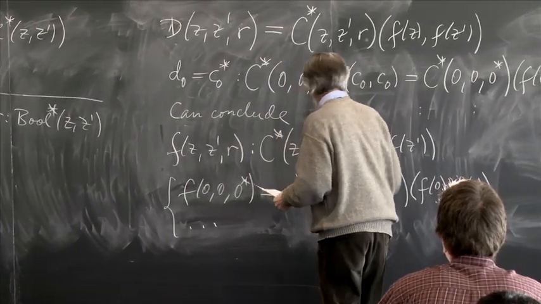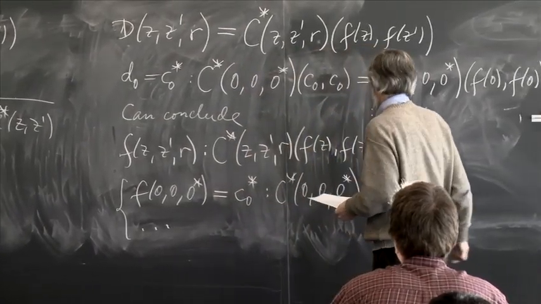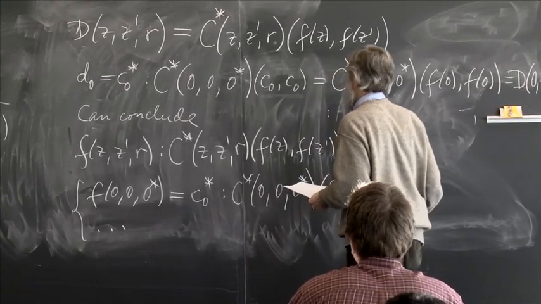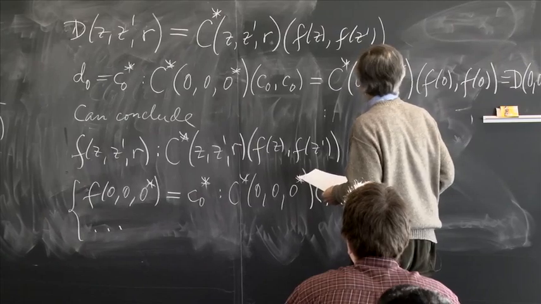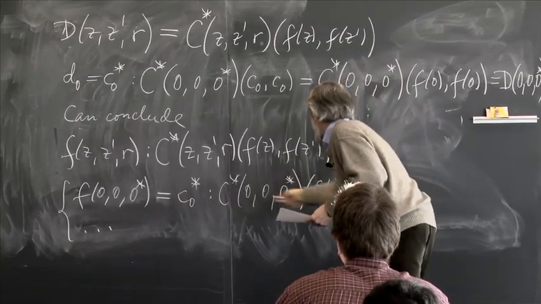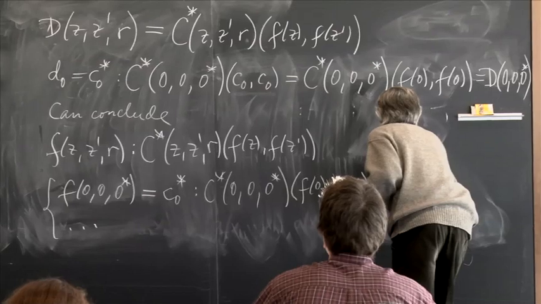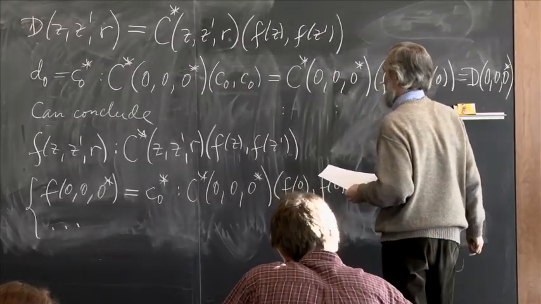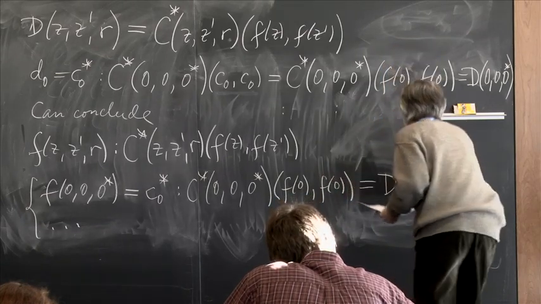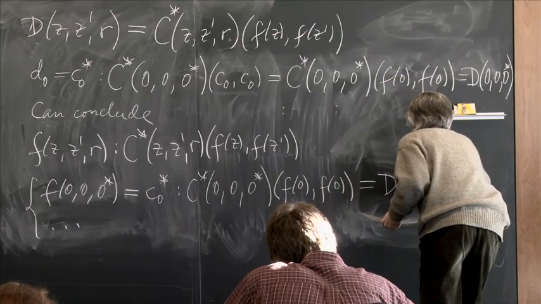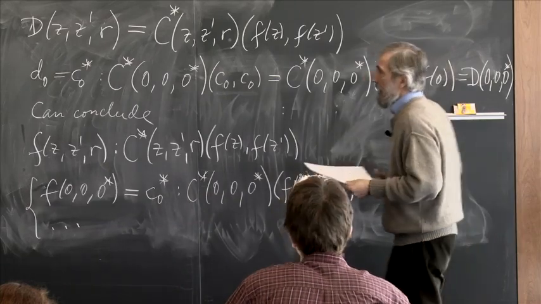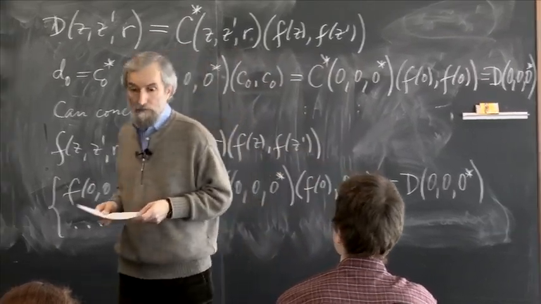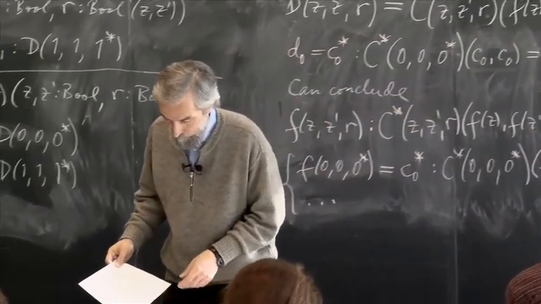And we can conclude this because this is equal to d of 0, 0, 0 star. So this finishes the bool case now, and finishes also the lecture.